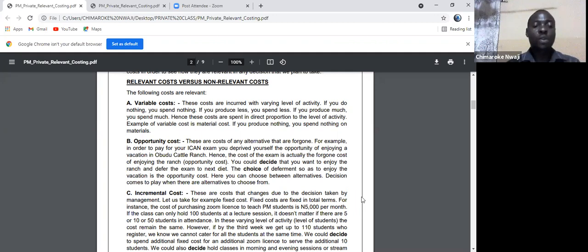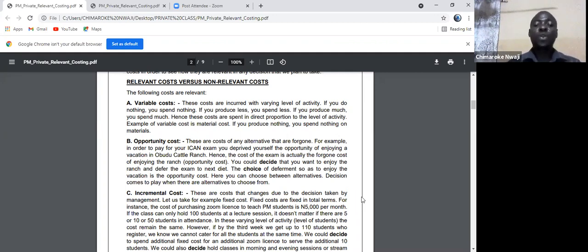For example, you have an exam before you, which you are preparing for, and you deprive yourself of going on a vacation. Let's say you plan on going on a vacation to Obudu Cattle Ranch in November, and perhaps that's the period your exam is coming.